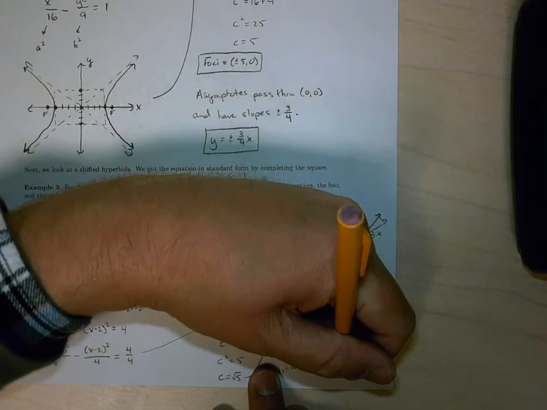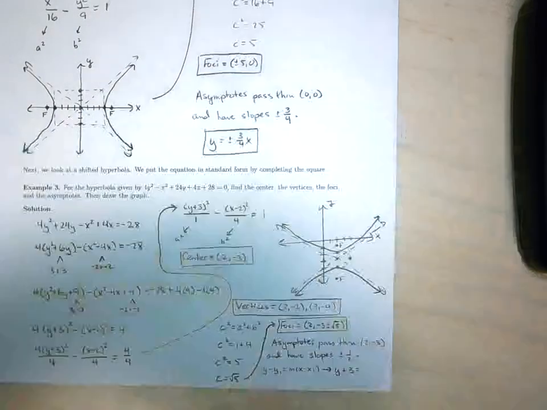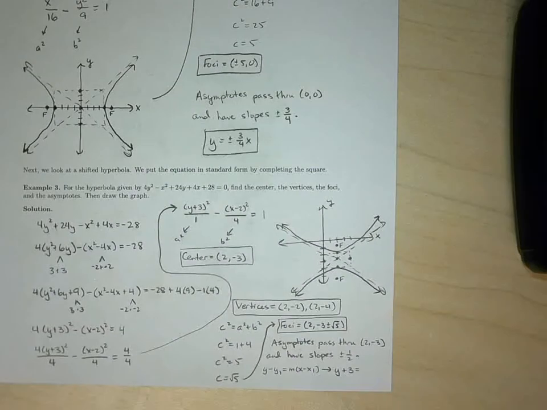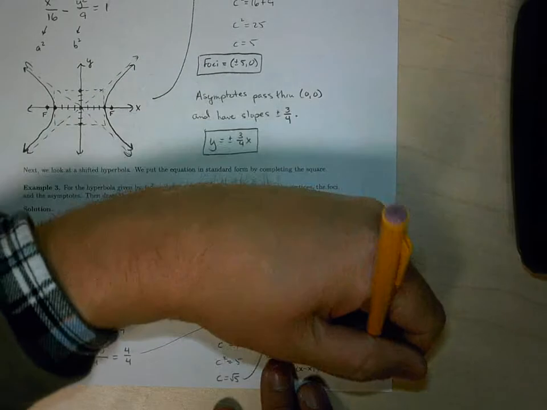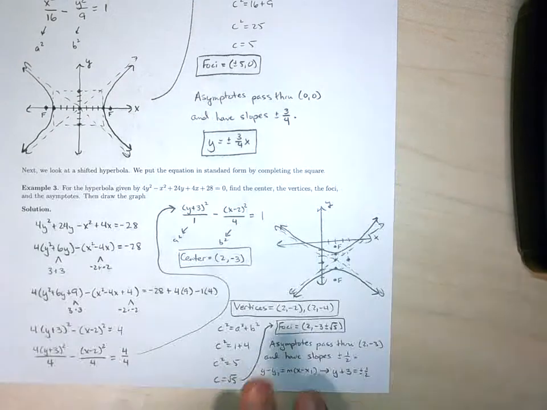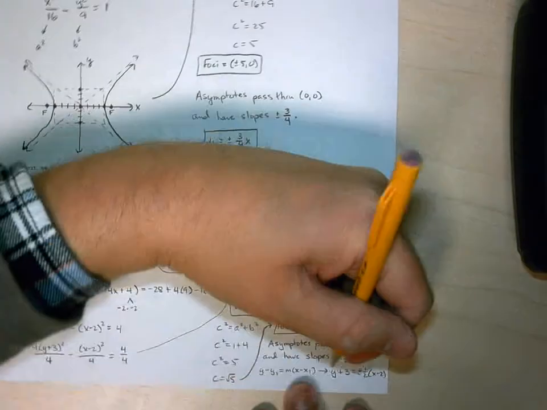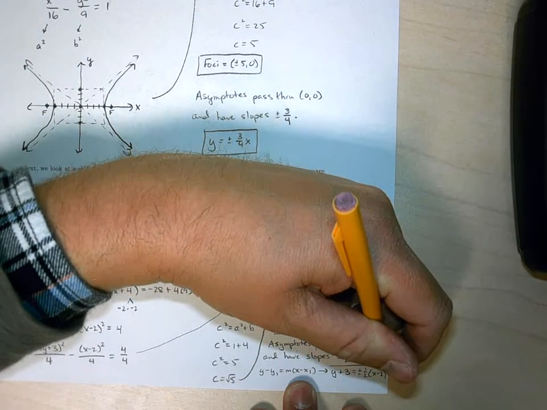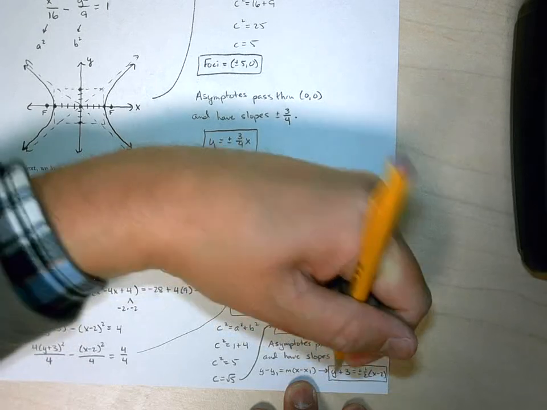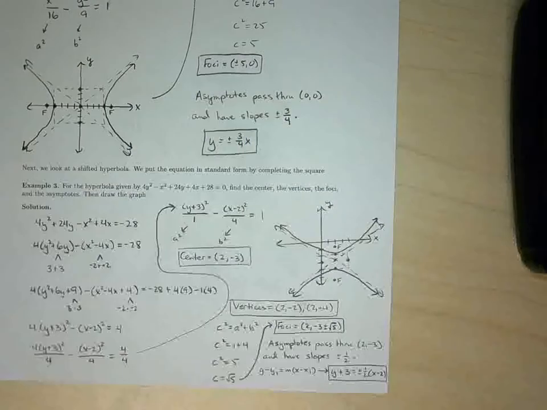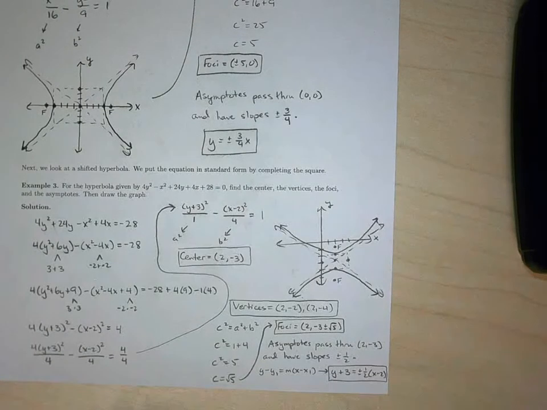Well, y1 is -3, so I'm looking at y plus 3, because y minus -3 equals plus and minus 1/2, those are our slopes, x minus 2. And we typically leave it this way. This way we can unify the equations of those lines in an easy way. If I were to try to write them both in y equals mx plus b form, we would just have two separate equations. It kind of unifies them by just doing this. And that's hyperbolas.